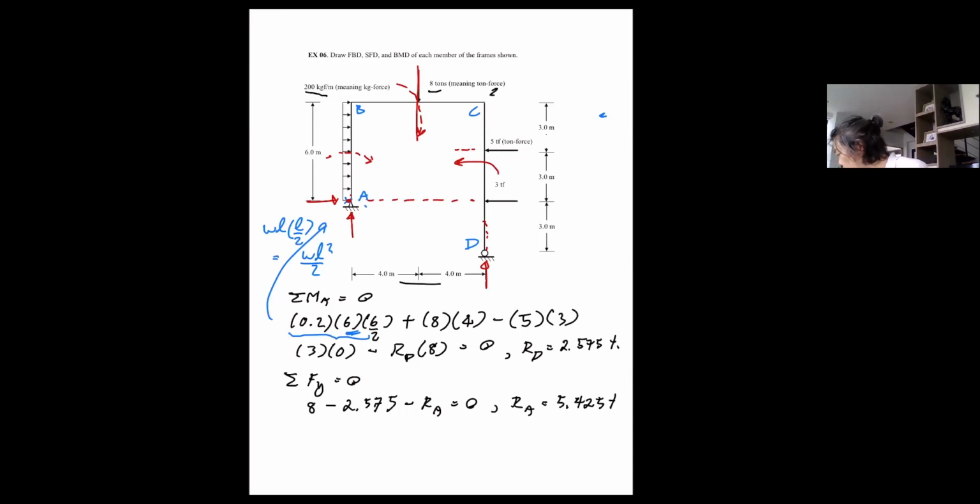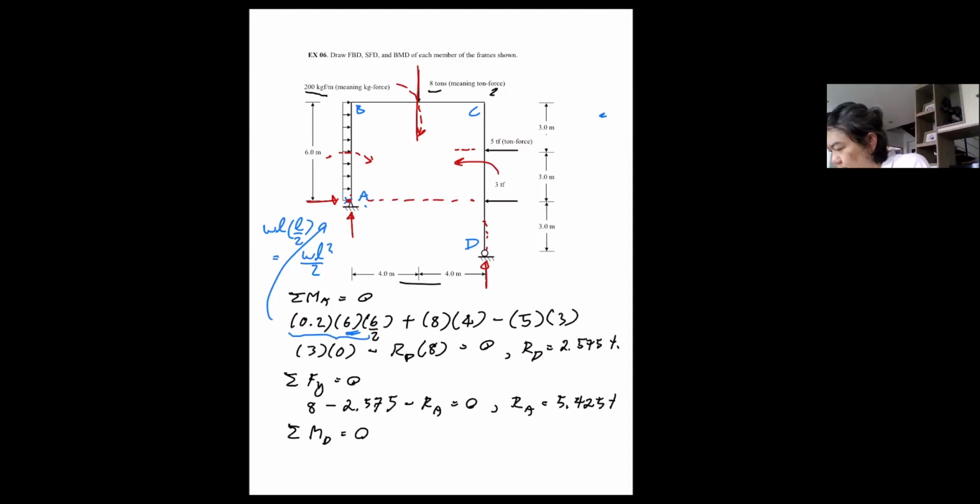Now, what you should do before you head out and try to complete this is let's check it one more time. Sigma MD equal to 0, for example, just to see that things are going okay for you. Or you can also try sigma MD equal to 0 to solve for the HD.